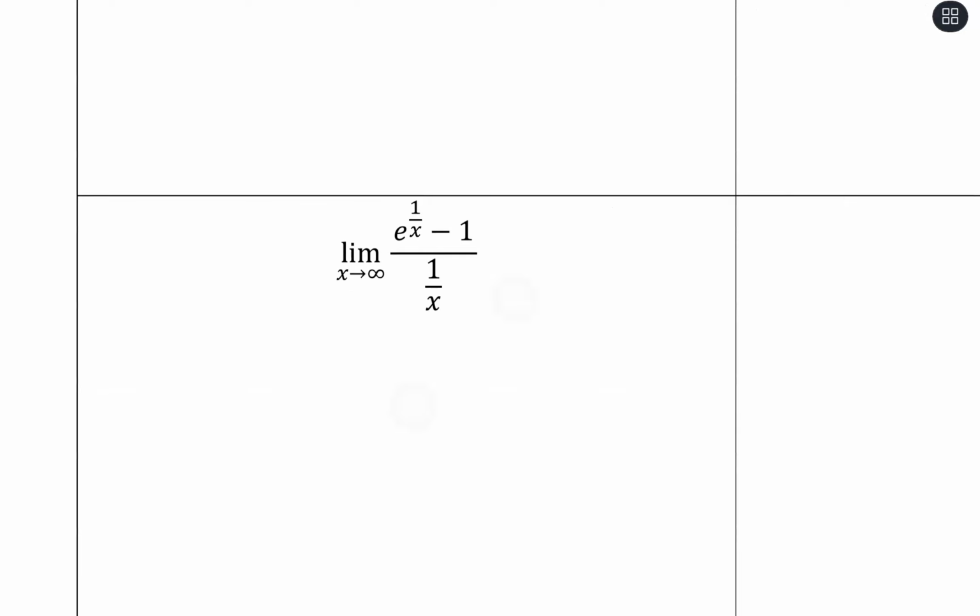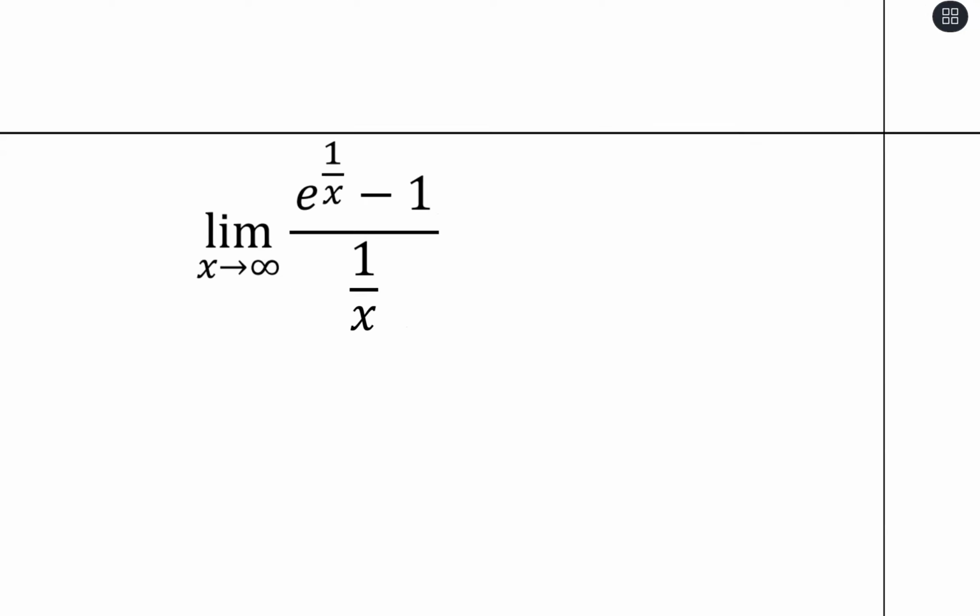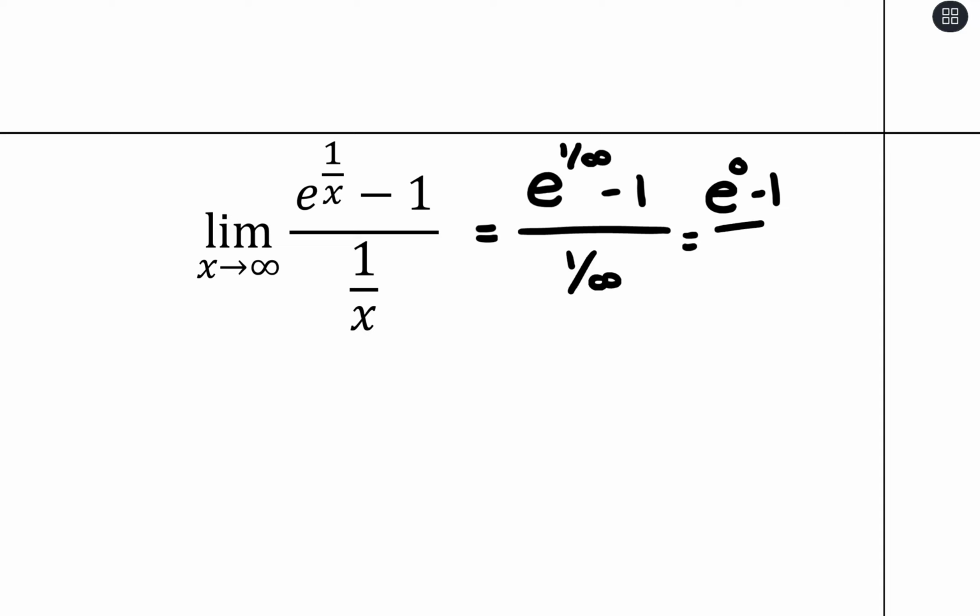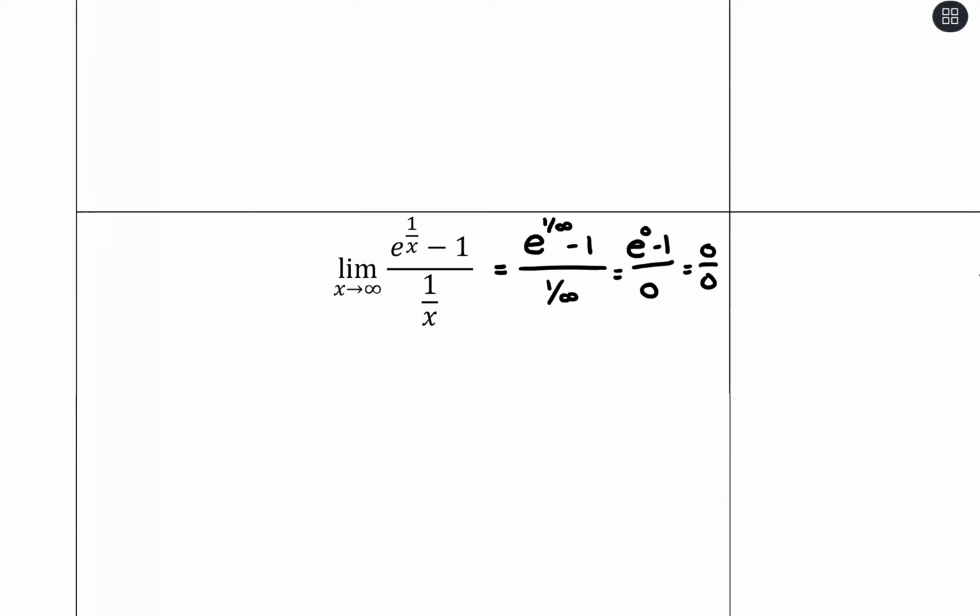All right, next up, let's see what happens if we plug in the idea of infinity in here. So in the numerator, that's like having e to the power of 0 minus 1, over 1 minus 1 divided by infinity, which is essentially 0. So there's our indeterminate form of 0 over 0.